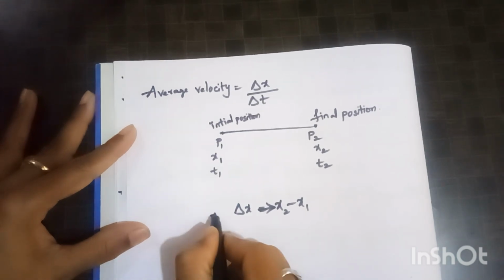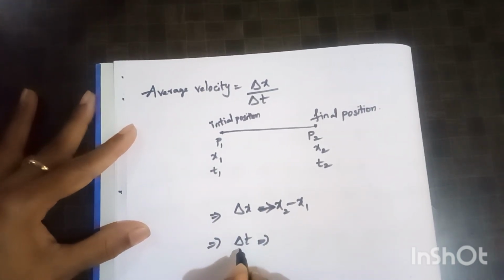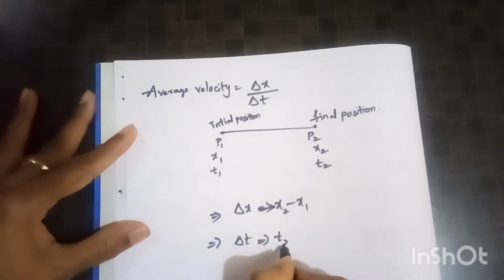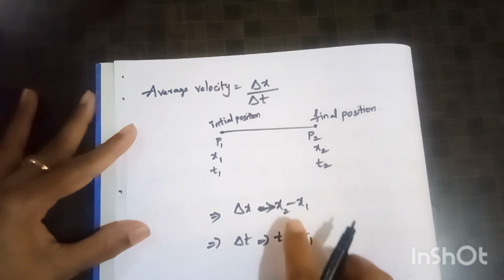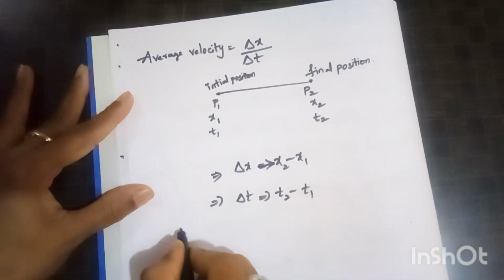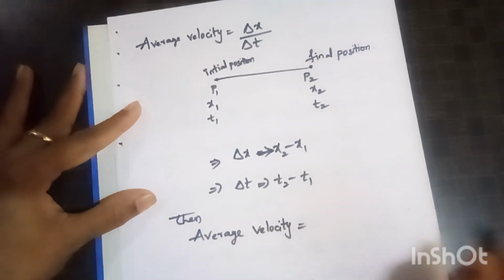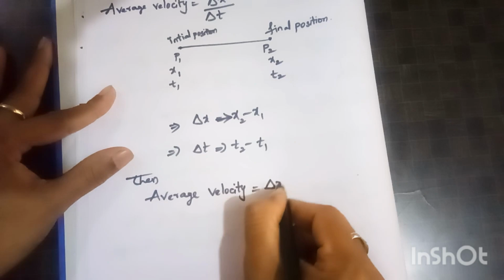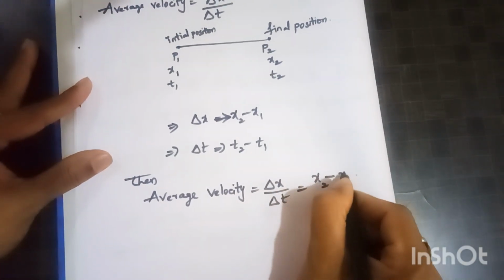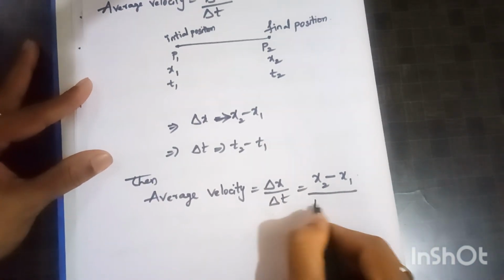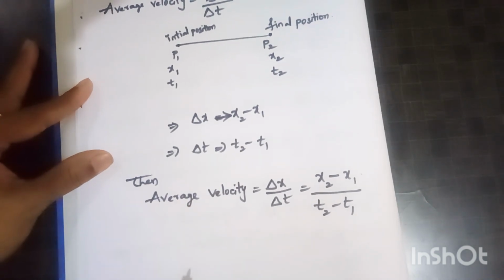Delta t is the change in time, which is final time minus initial time. Then average velocity is equal to delta x by delta t, that is final displacement minus initial displacement by final time minus initial time. This gives the average velocity.